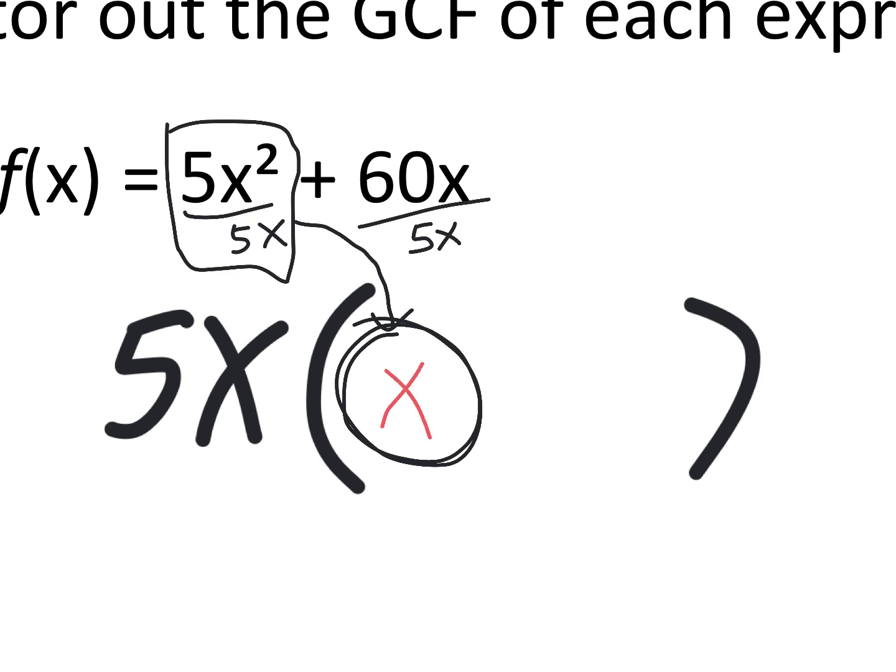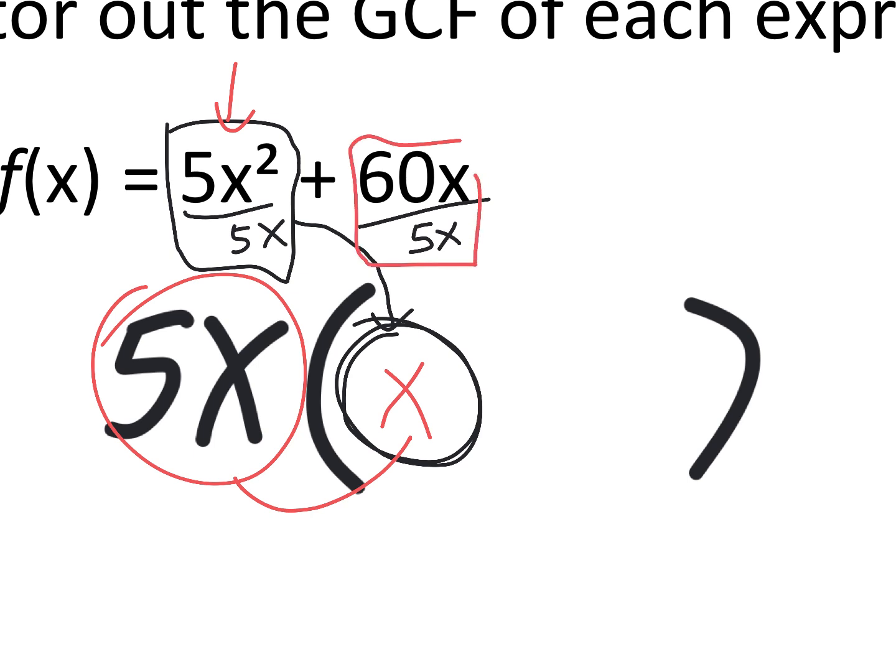X. Because if you do 5x times the x, you get 5x squared, just like we had in the first place. And this one, 60 divided by 5, oh, I'd be grabbing my calculator pretty fast. Good. Then it's 12. And don't forget what sign to put. Well, there was a plus, so we put a plus. There. I factored that one for you.